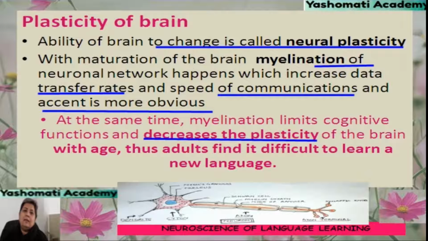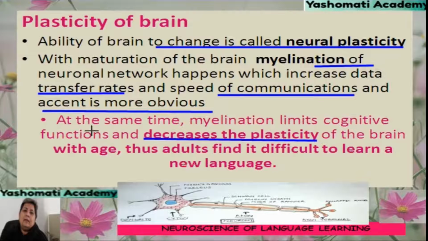But the brain remains active and we can learn new languages throughout our life. And in this, the environment also plays a very important role. We can learn and memorize even when we are old.